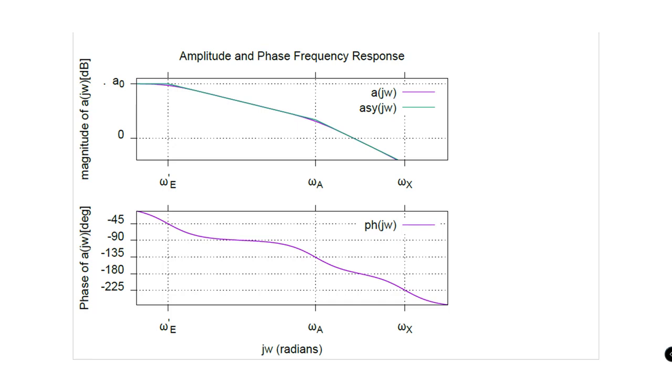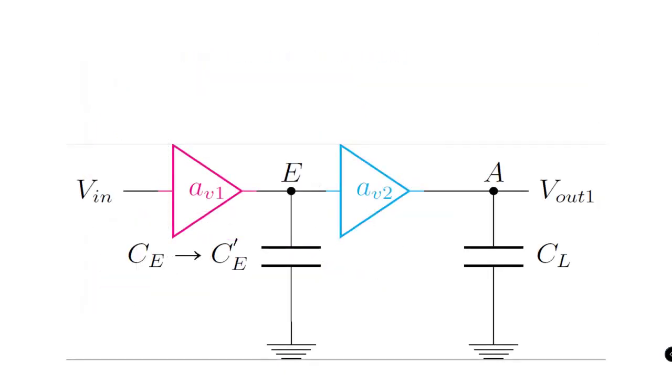Now, in order to push this particular pole omega E to this new pole location omega E prime, one needs a large capacitor at node E. But having a large capacitance at the intermediate stage not only consumes a large area to realize this large capacitor, but also introduces a mismatch between the differential output nodes. So one needs a way which gives us a large capacitance but without consuming a lot of area.